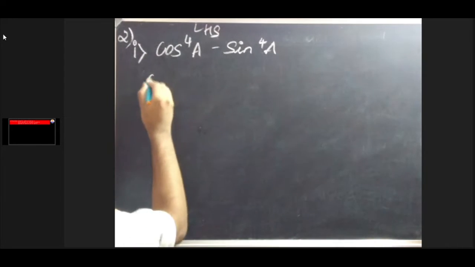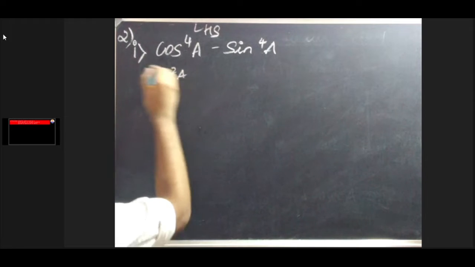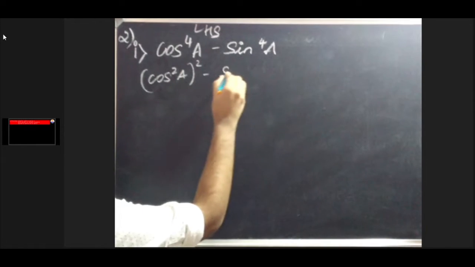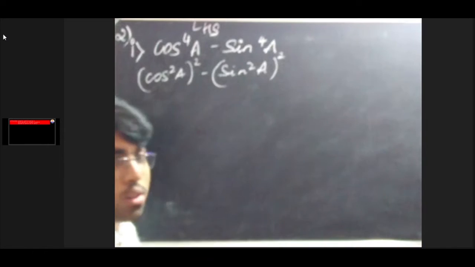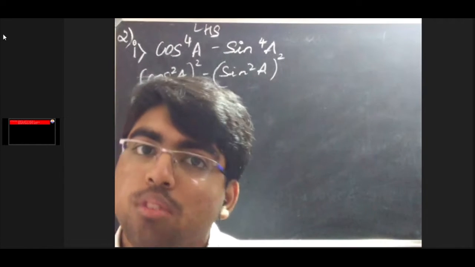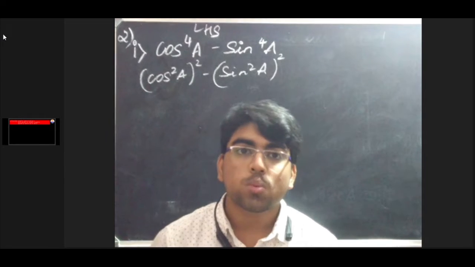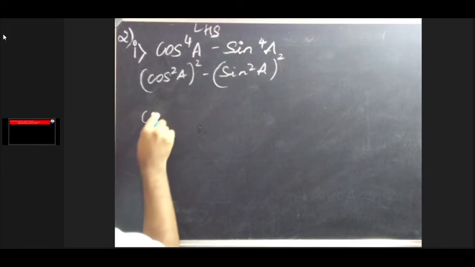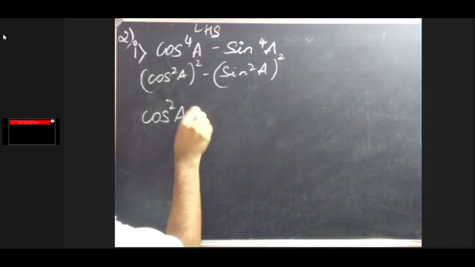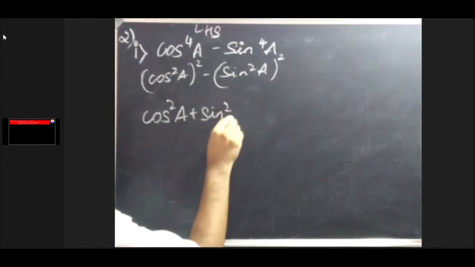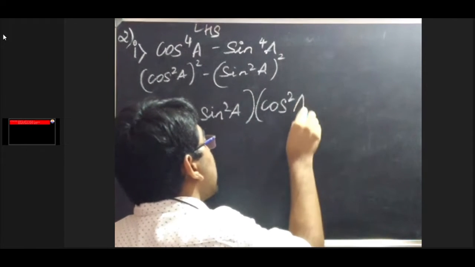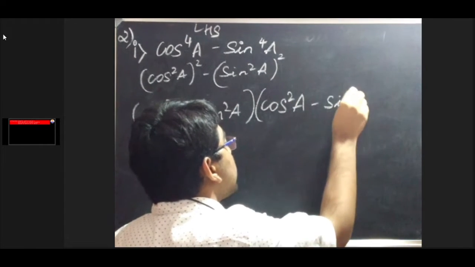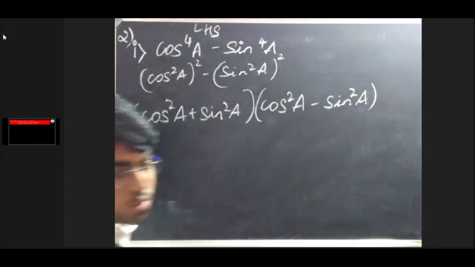So this can be written as (cos square A) whole square minus (sin square A) whole square. We are all aware of the algebraic identity a square minus b square. So here it is nothing but (cos square A plus sin square A) into (cos square A minus sin square A).